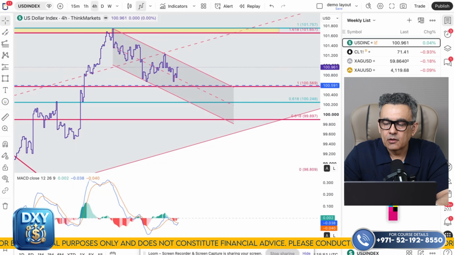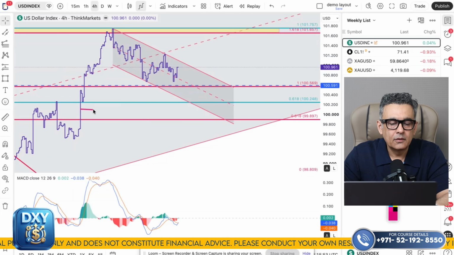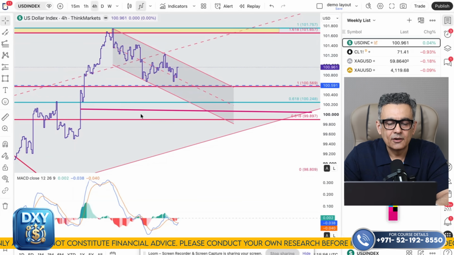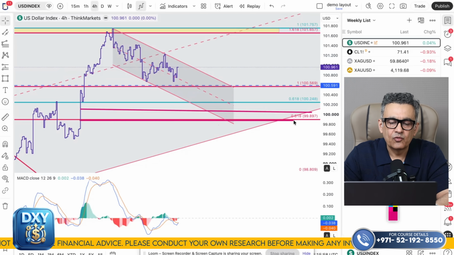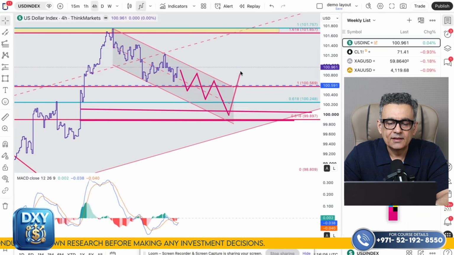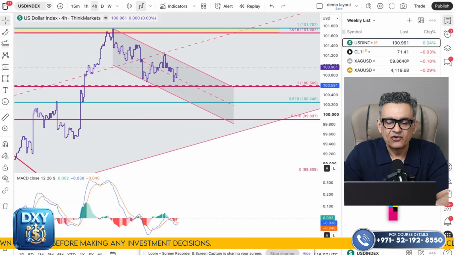I'm expecting it to continue further down to retest this area, towards the bottom of the rising channel, and there is a fair value gap, so it would be filled. It would be a gradual move down, and then we will expect a bullish reversal.